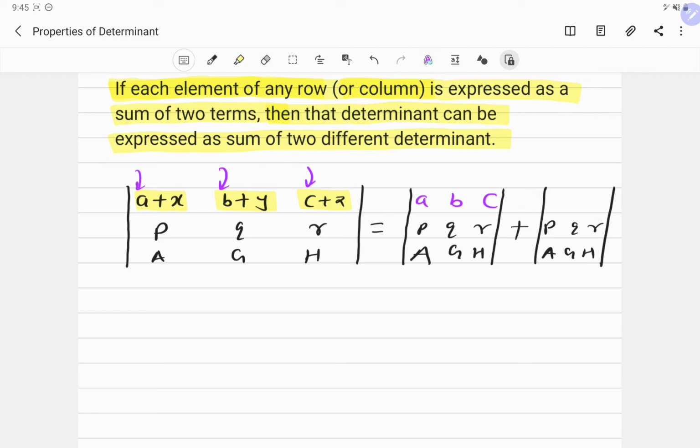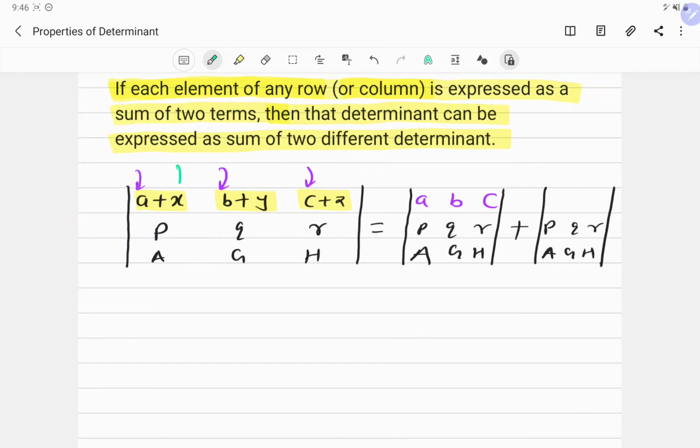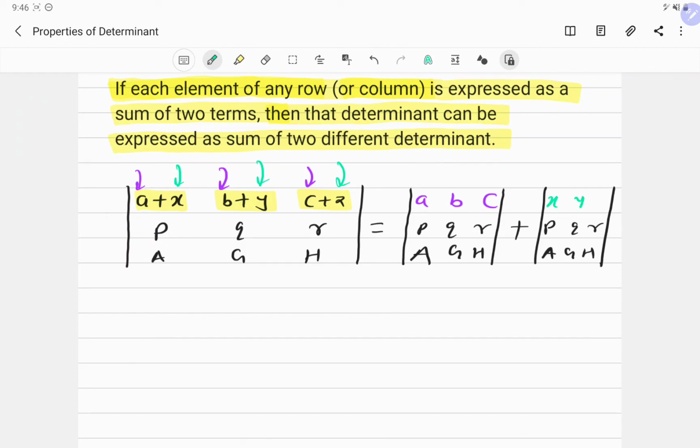Now what about the second element? So please observe the second element. Let me mark it with a different symbol, different color. So this is X, this is Y, this is Z. Now you can express this X, Y, Z in the second determinant.